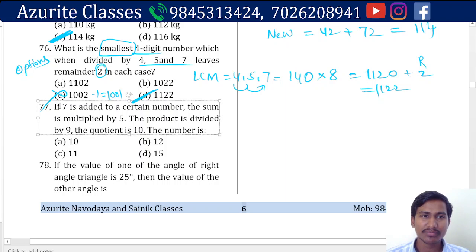Question 77: if 7 is added to a certain number, the sum is multiplied by 5, and the product is divided by 9, the quotient is 10. Find the number.